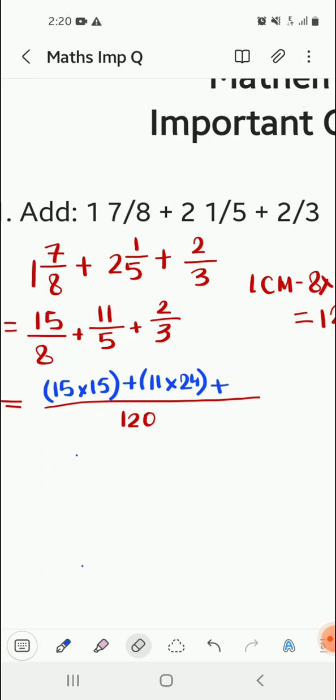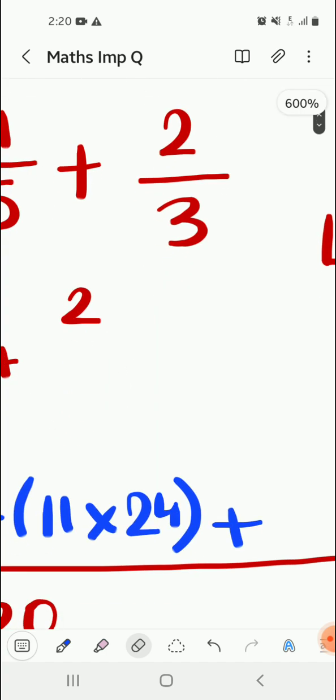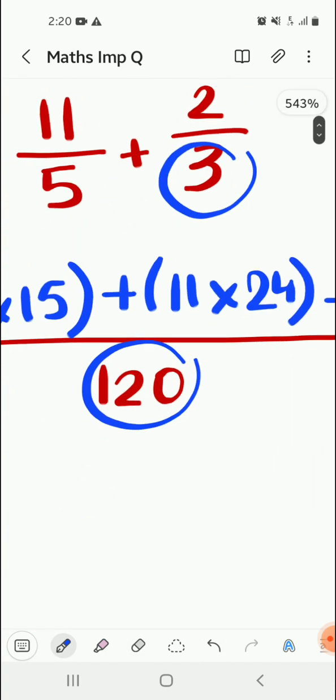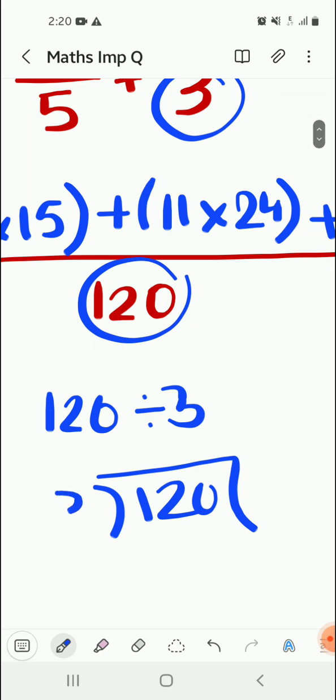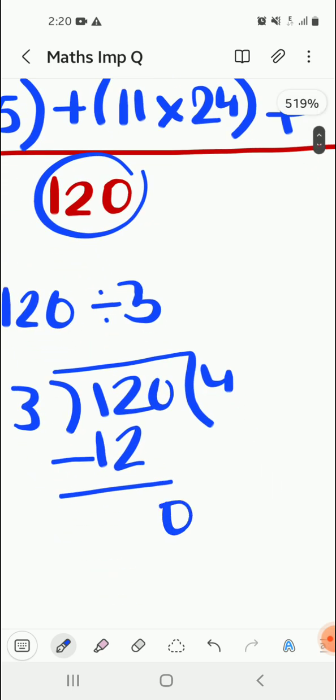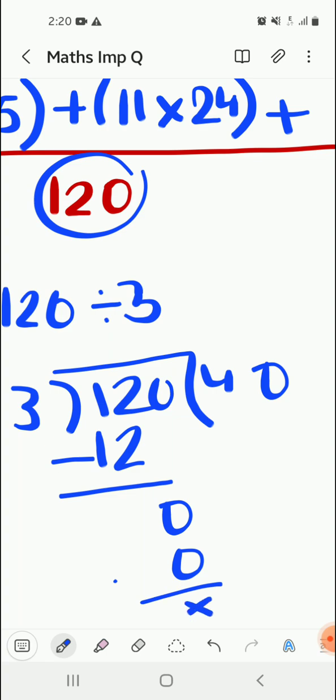Next, same over here, 3. We've got 3 over here and here 120. So it's 120 divided by 3. Let's check it. 120 divided by 3 is 40.